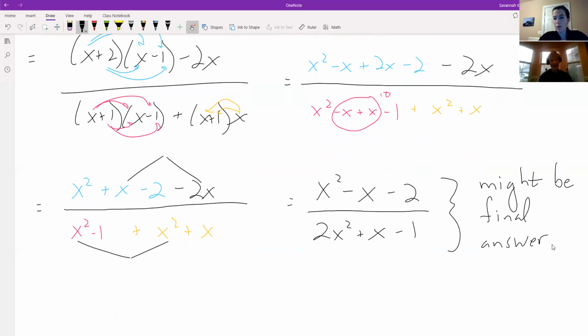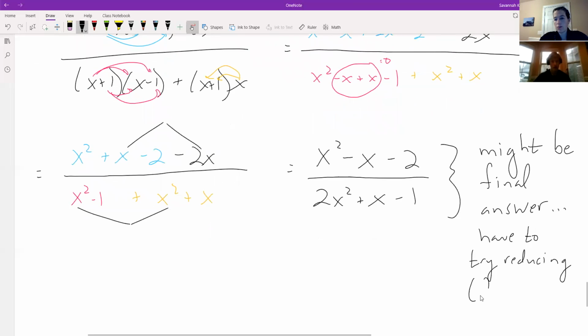And that's one of the aggravating things about these problems. You don't really know when you're done sometimes. This might be the final answer. We have to at least try to reduce the fraction. And factor cancel is just the algebra way of saying reducing the fraction. So I'm going to put both of those in the notes. Okay, so we have to at least try that.